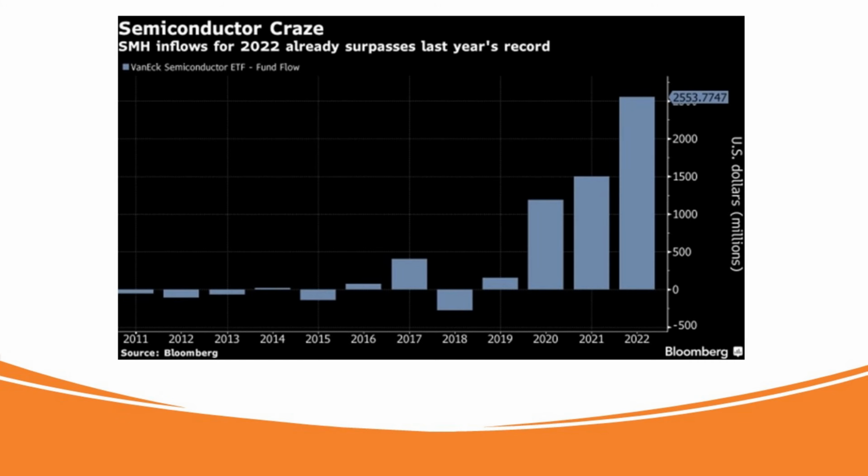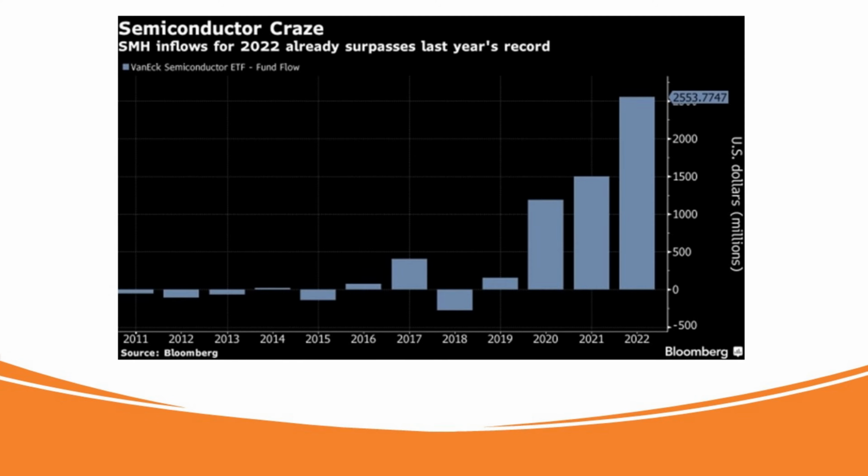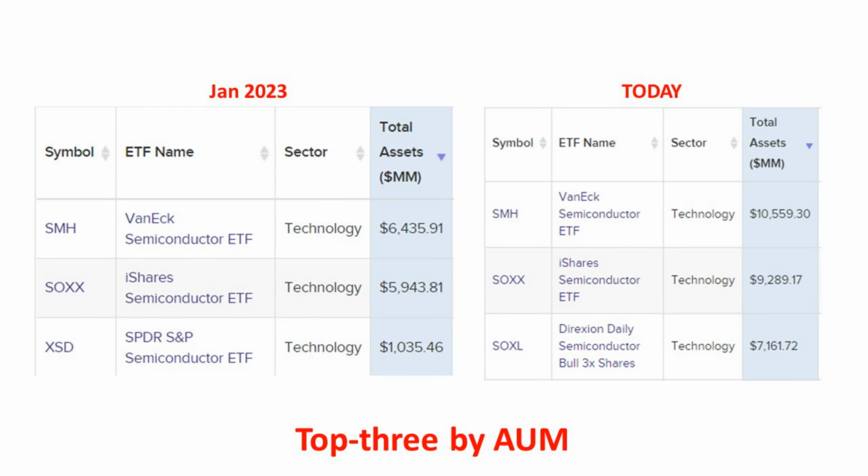Now, what's interesting about semiconductors is that a lot of institutional dollars have been flowing into the SMH Semiconductor ETF. So that's right now the largest by assets under management. And you can see that at least in the past 3 years or so, a lot of money has been flowing into that. And if we look at the last piece we did on semiconductors, that would have been earlier this year.